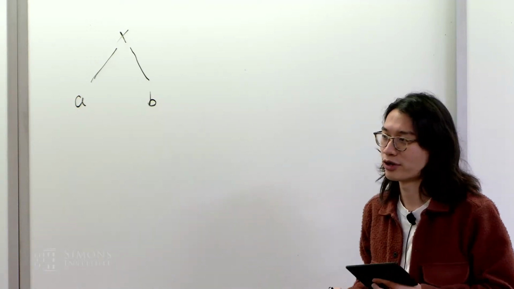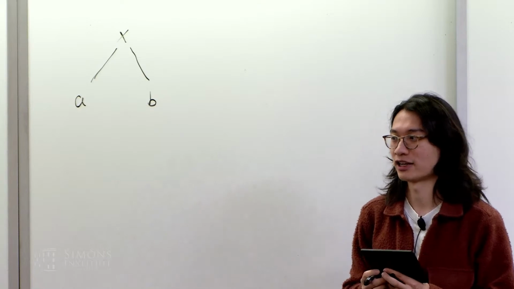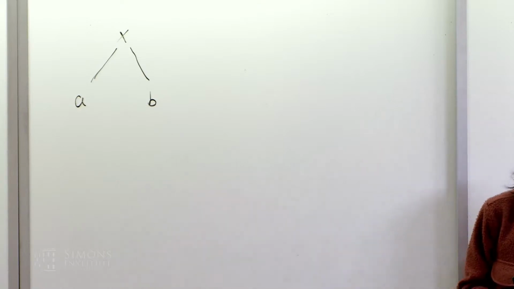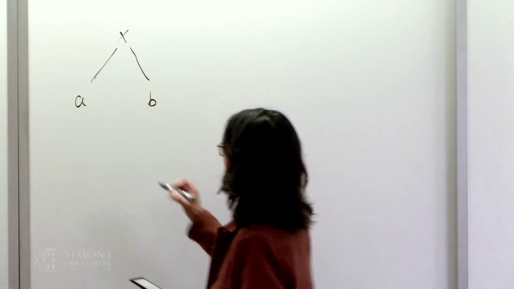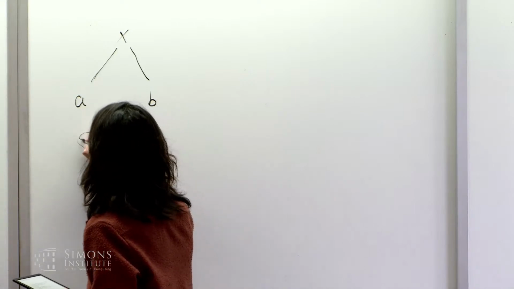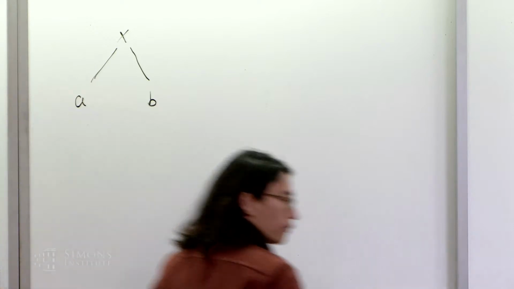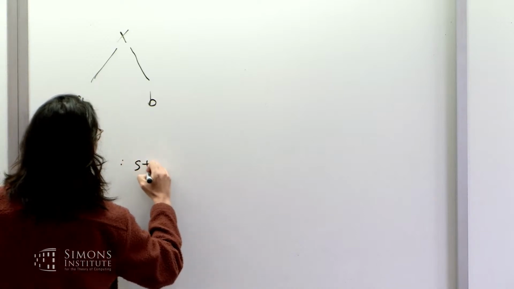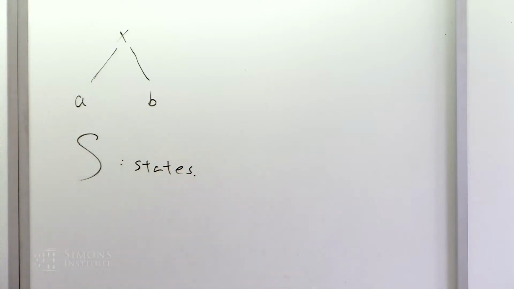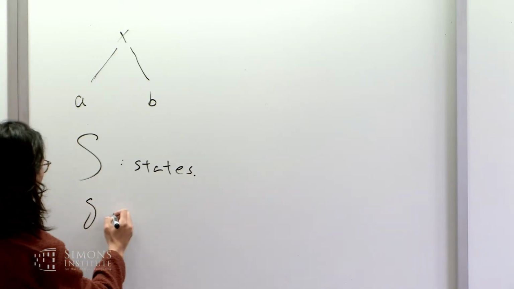Okay, so what's a tree automaton? A tree automaton basically defines a set of trees. It accepts a set of trees, just like a string automaton accepts a set of strings. It also consists of a set of states, and we also have a set of transitions, which I think are usually written delta.